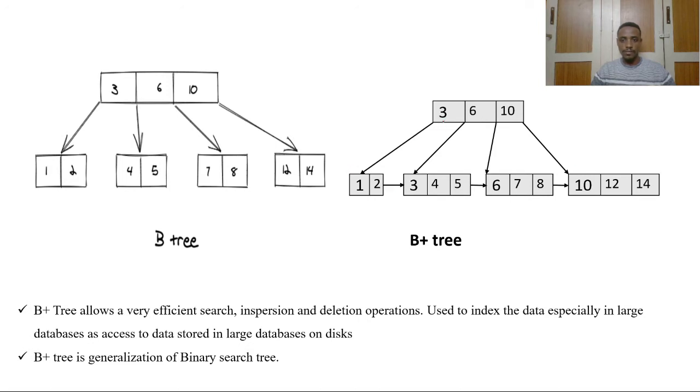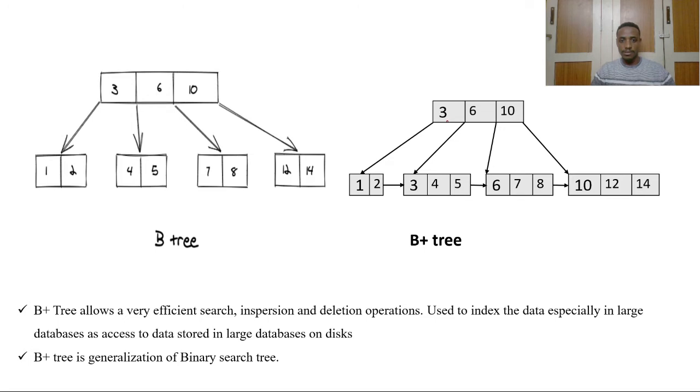So here we see the root nodes have a copy of leaf node keys. This leaf node key is present at the root here, and this right leaf node 6 is present here at the root node, and this 10 is also present at the leaf node. So in a B+ tree we have a copy of keys, but in a B tree we don't have any copy of the key. So this is a special case that we have in a B+ tree.